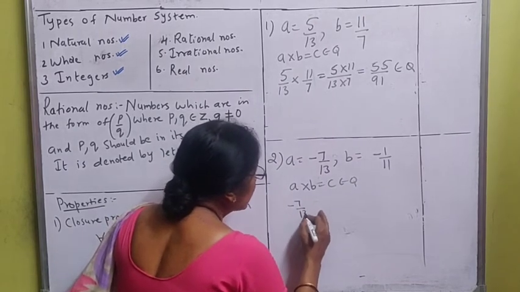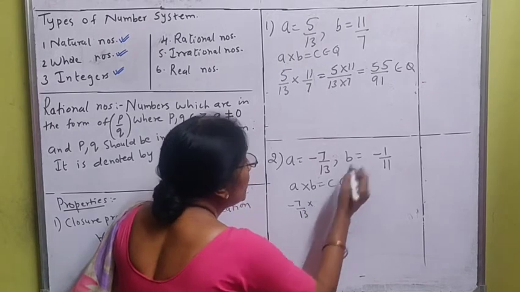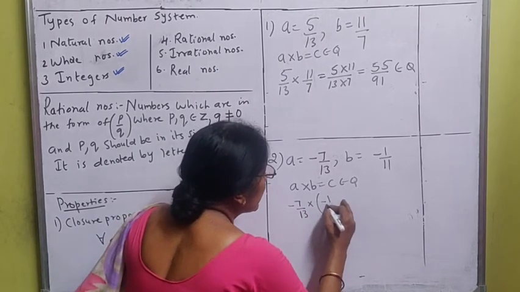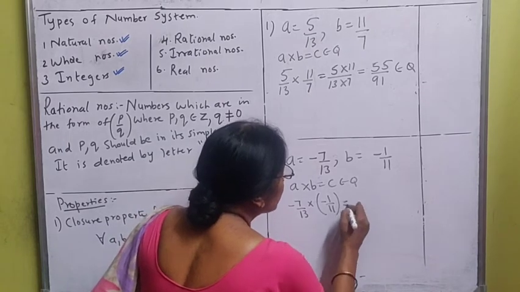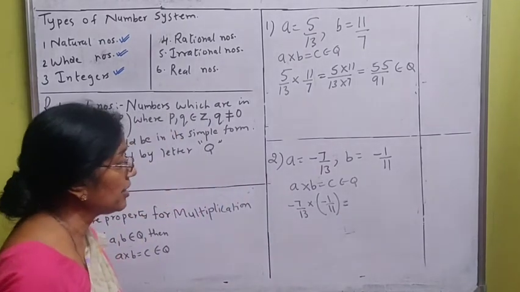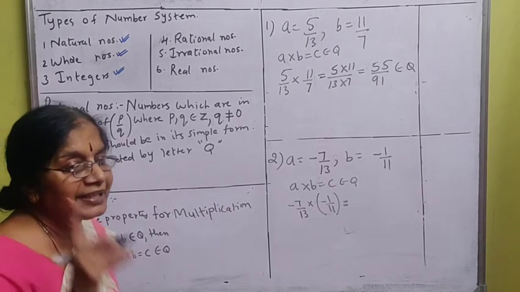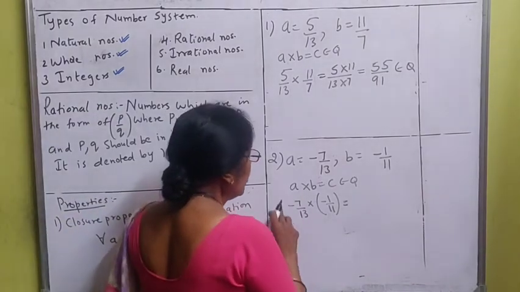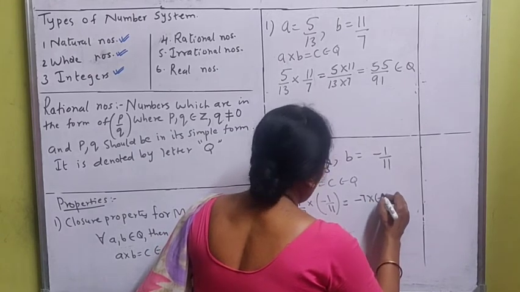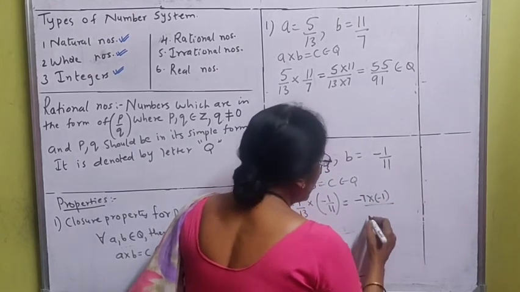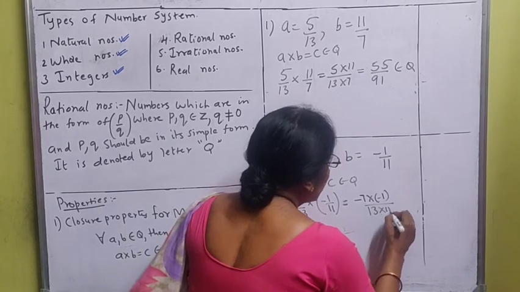Minus 7 by 13 into B value is negative, I keep it in the bracket, minus 1 by 11. As I told you, two rational numbers, when you multiply, you won't take the LCM. Multiply numerator with numerator: minus 7 into bracket minus 1 divided by 13 into 11.